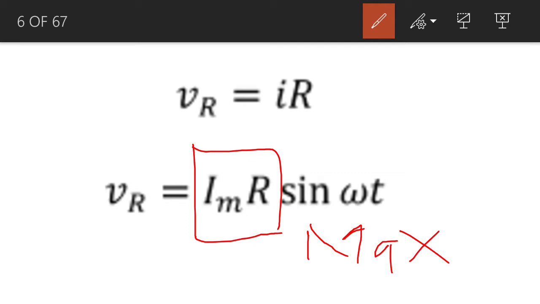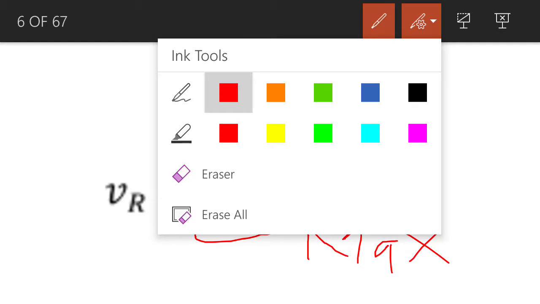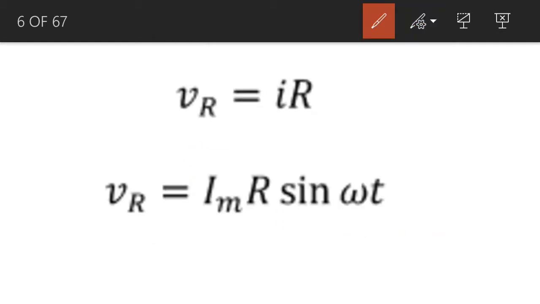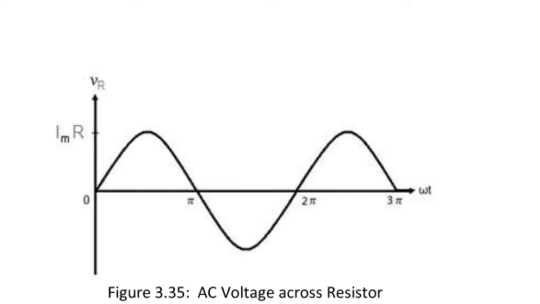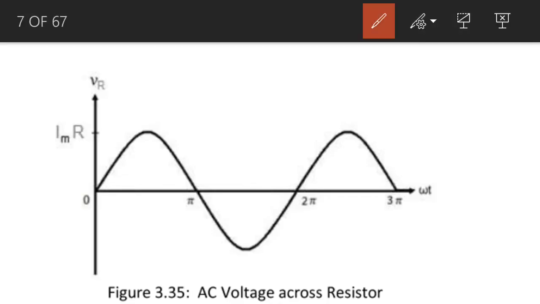And we consider the waveform for the AC voltage across the resistor. Here is the waveform for the AC voltage across the resistor. We have taken the voltage across the resistor along the vertical axis, omega t along the horizontal axis, and the peak value of this AC voltage is ImR.